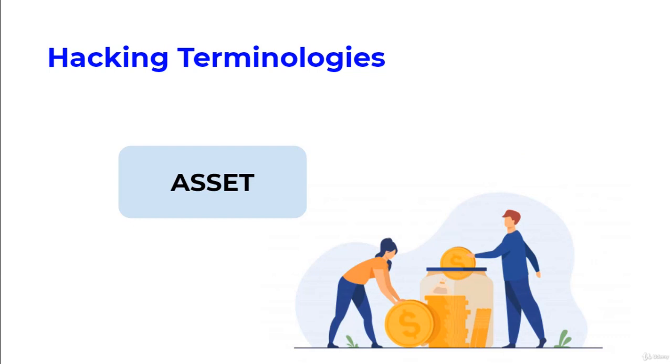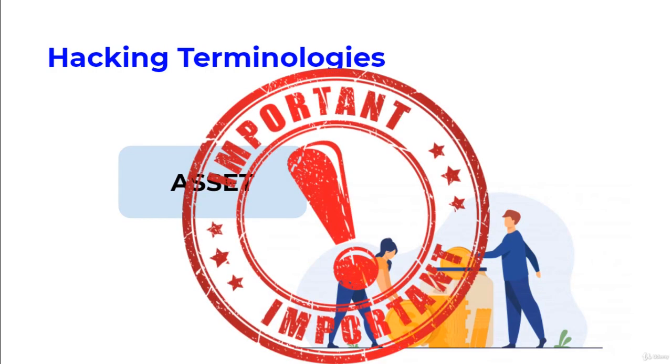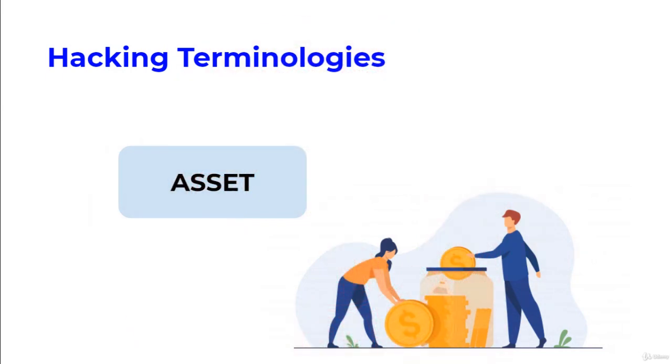In information security and computer security, an asset is any data that is of utmost importance. So, an asset can be a person, a device, a code, or anything. Assets should be protected from illicit access, use, disclosure, alteration, destruction, and theft.